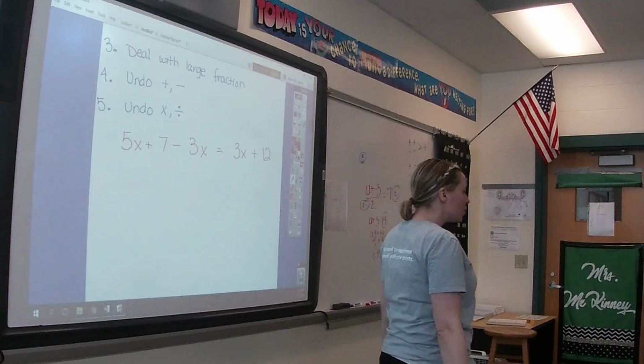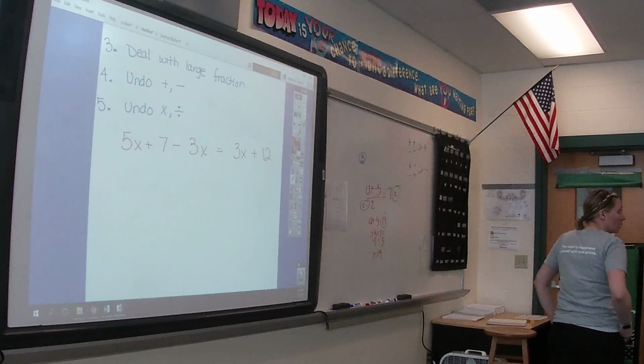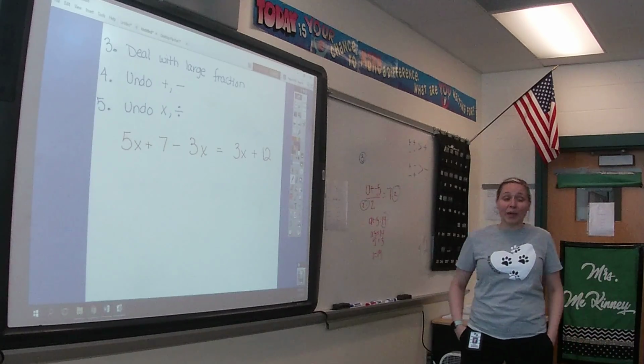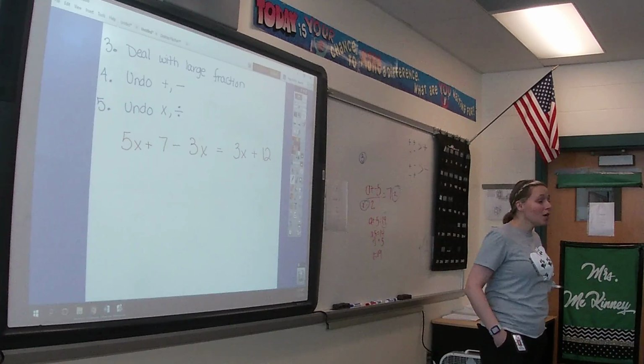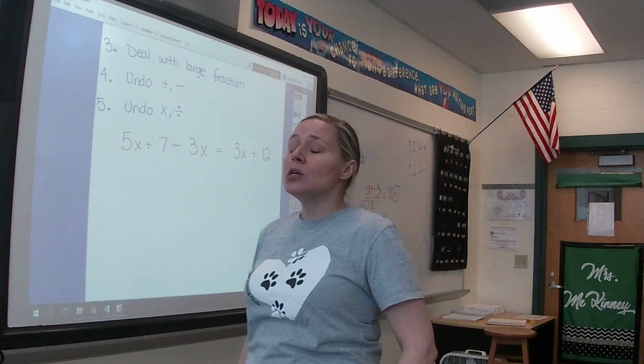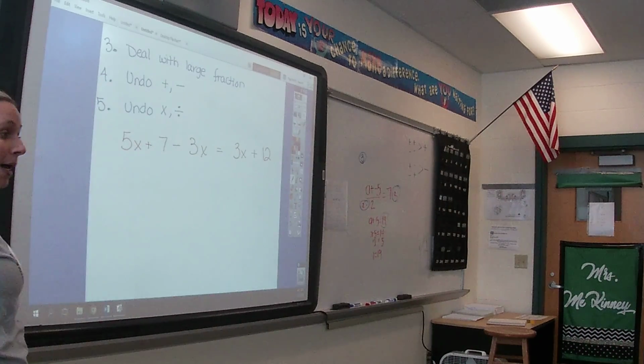I can't do that, that's too hard, there's too many parts. But again, if you break it down into one step at a time, this really isn't any more complex than what we have been doing. We know how to combine like terms, we know how to use inverse operations, so we just need to look at it a step at a time.